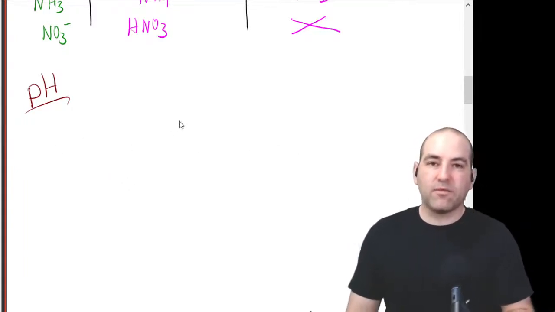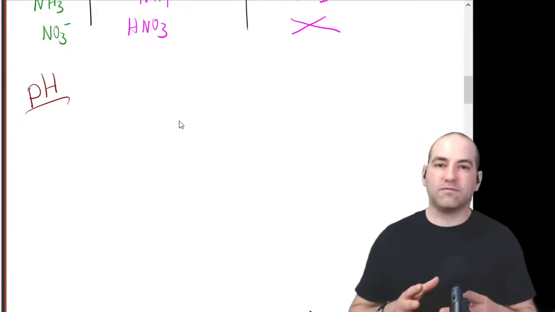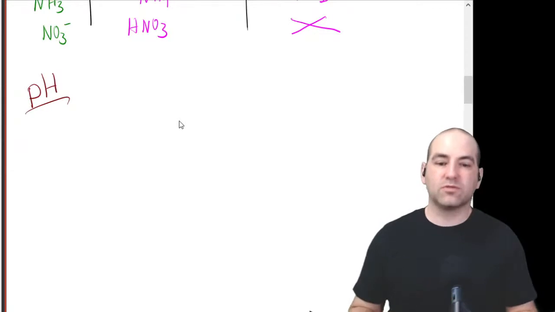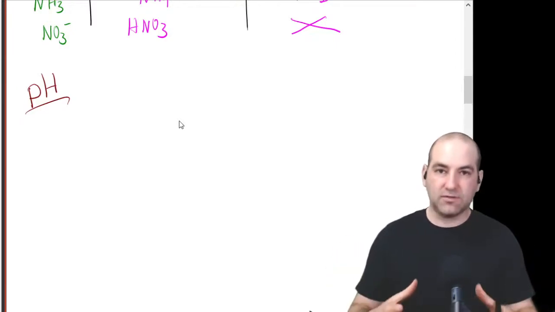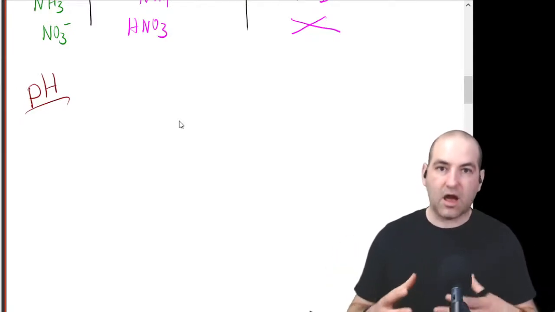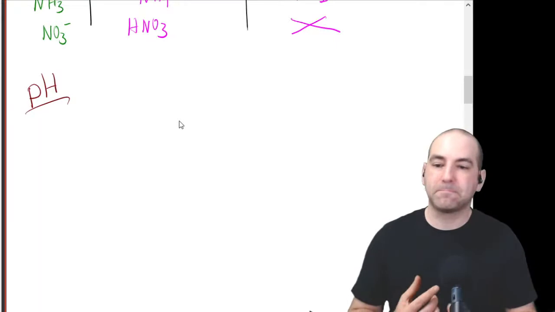So we're going from the kind of theoretical of what are these molecules doing in this situation to the very practical and specific of like, here's a solution of this thing. How acidic or basic is it?